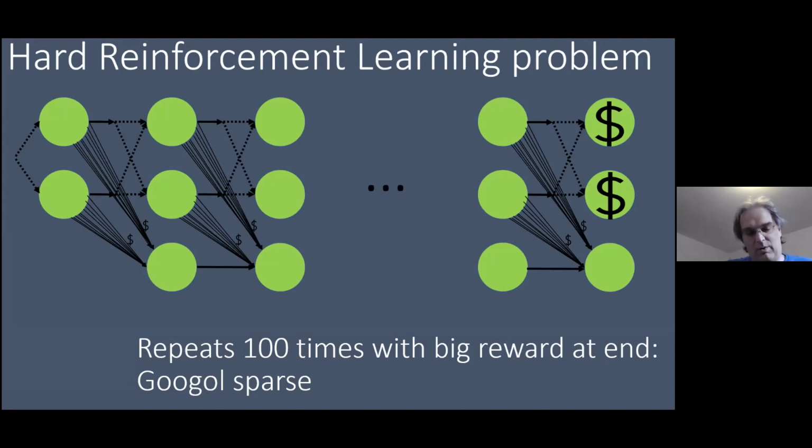And why 100? Well, 100 gives you a really nice number, which is Google. The odds of successfully solving this problem are going to be 1 in Google, which is greater than the predicted number of atoms in the universe. So if you want to randomly guess in order to achieve this large reward at the end, it's going to take a very, very long time. Okay, so this is a super challenging problem.